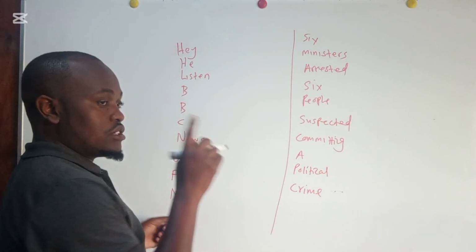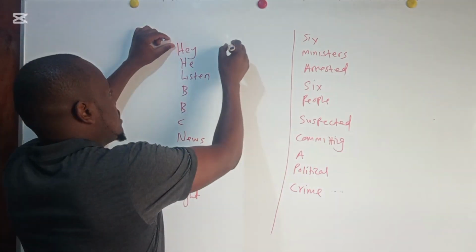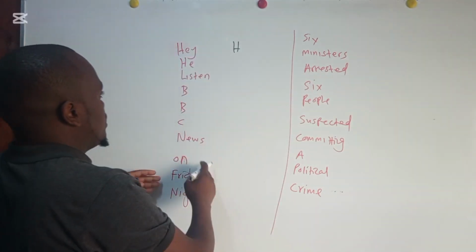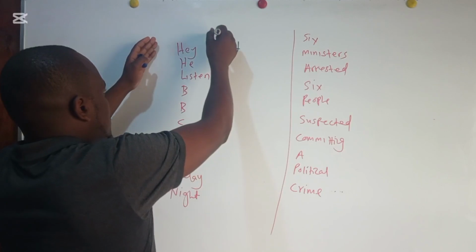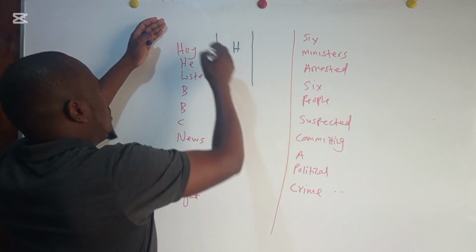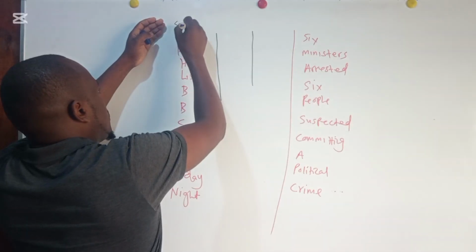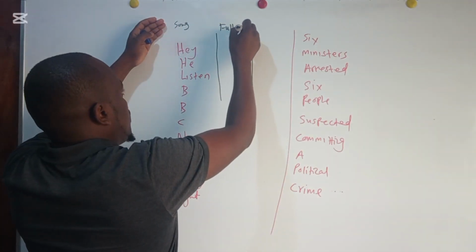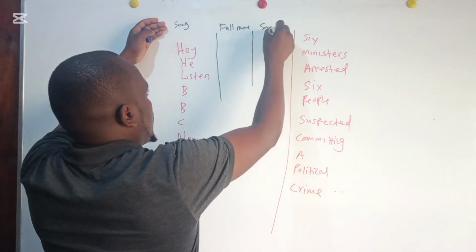We are using the sound, not the chemical formula. So this is hydrogen, right? In your book, you can write this going down. Don't write 2 columns. Have this column where you have the sound, full name of that element, and then symbol.